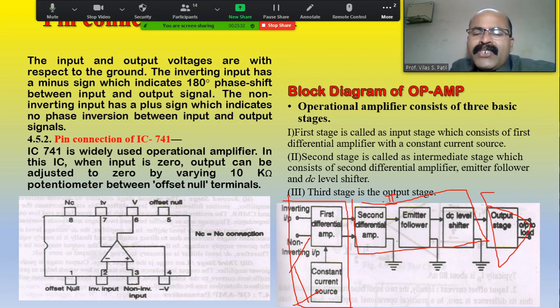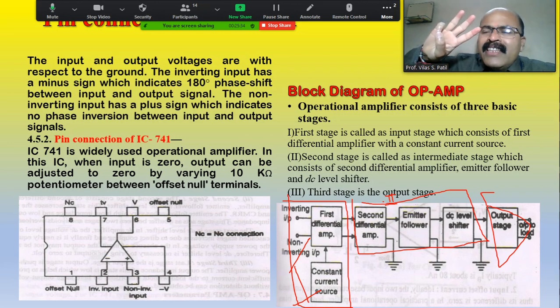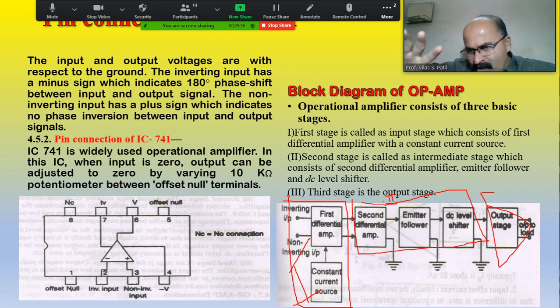In the block diagram of the operational amplifier, there are three important stages. One is the initial stage or the first stage, second is the middle stage or intermediate stage, and third is the final stage or the third stage. See here, first stage, input stage, which consists of the first differential amplifier with the constant current source.